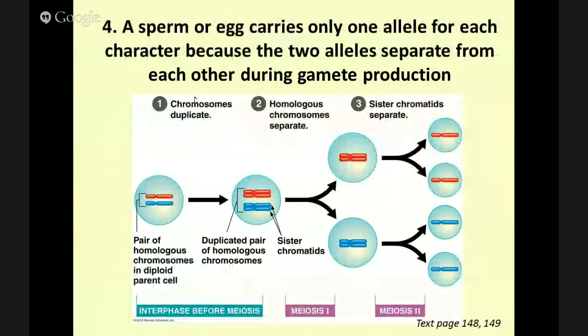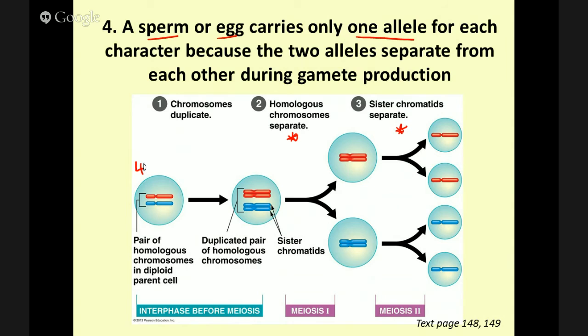So then, in his last hypothesis, Mendel said that the sperm or the egg only carries one allele for each character, because the alleles are going to separate during gamete production. And we saw that because we studied meiosis. We saw that you start off with a pair of homologous chromosomes, then you make copies of each homologous chromosome, and then during meiosis 1, those homologous chromosomes separate, and then during meiosis 2, the sister chromatids separate.